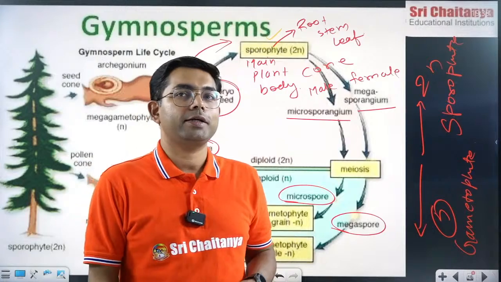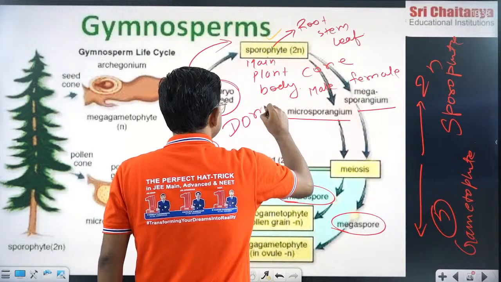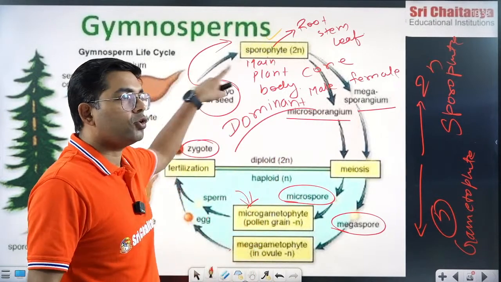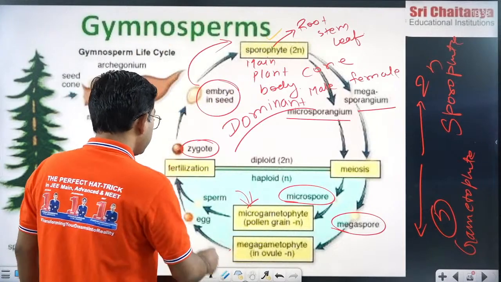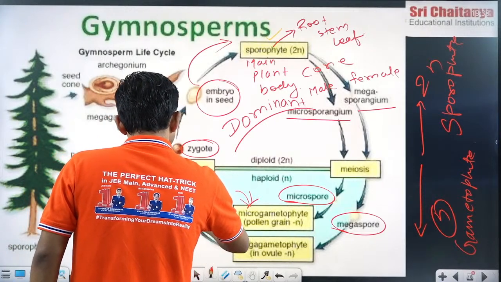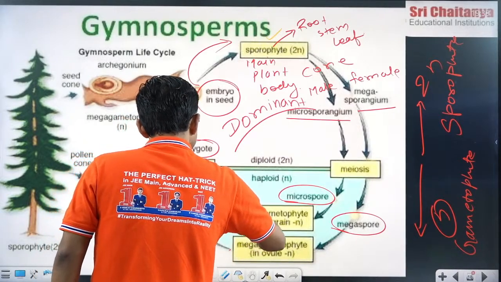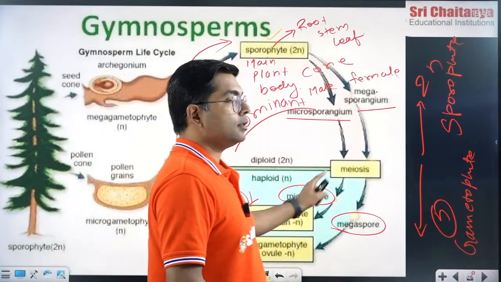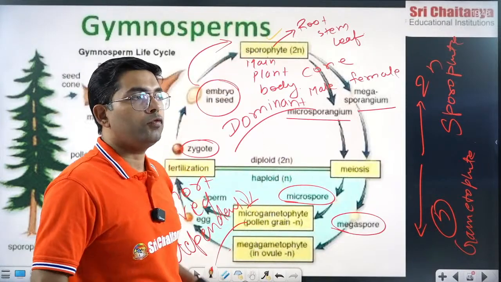Sporophyte is dominant, and the gametophyte is short-lived and dependent.